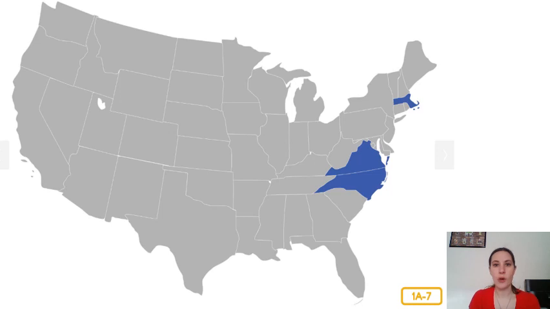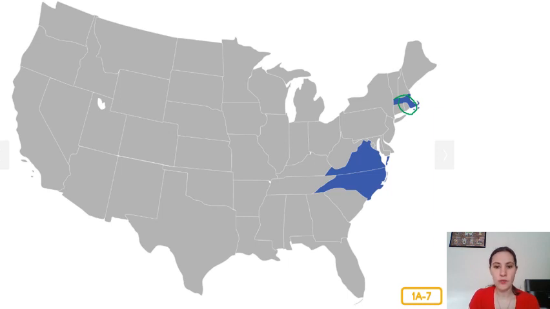The Pilgrims were not the only people to start settlements in North America. In fact, before the Pilgrims ever arrived at Plymouth, Massachusetts, I'm going to circle Massachusetts in green. So Plymouth is here in Massachusetts, okay? Before Pilgrims ever arrived at Plymouth, other English men and women had settled in 2 other places. The first English colony was on Roanoke Island, which is just off of North Carolina.